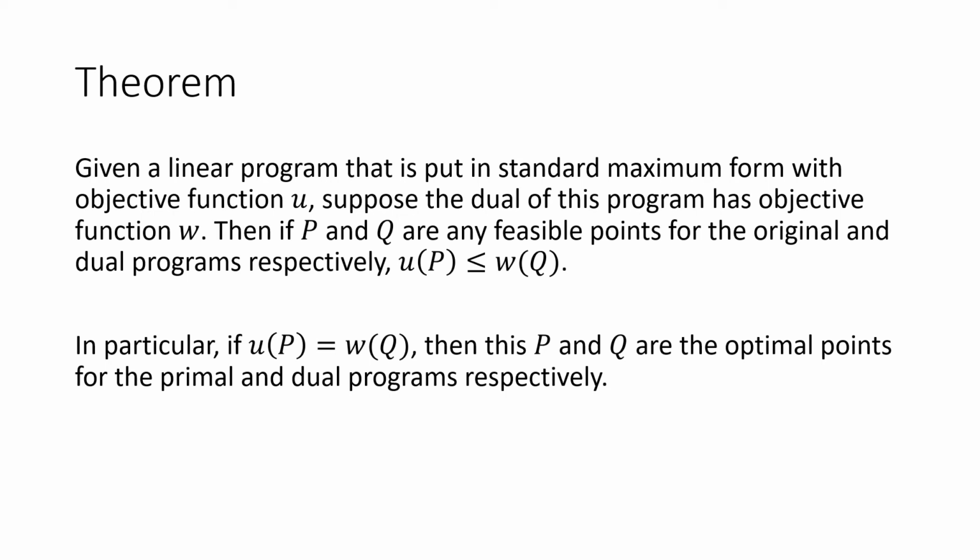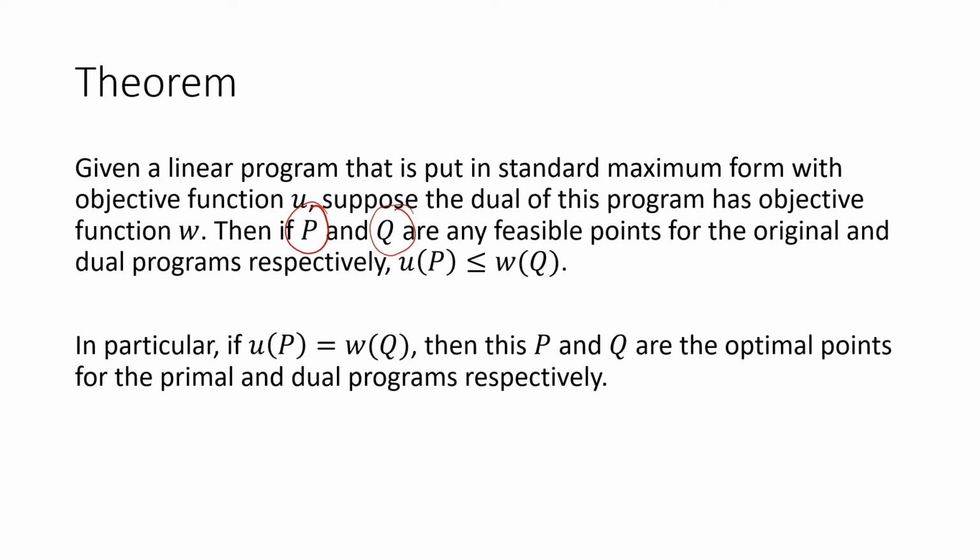Take any feasible point from your primal, call it P. Any point, not the optimal, not necessarily the optimal, any feasible point. Do the same with your dual. Take any feasible point from your dual.